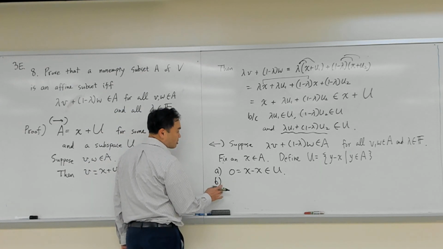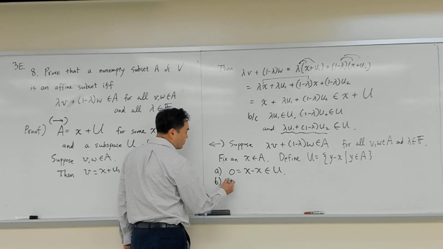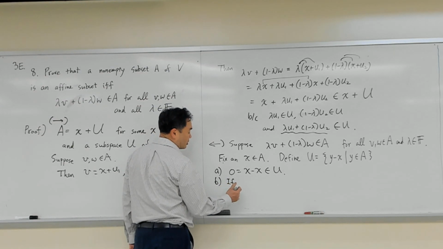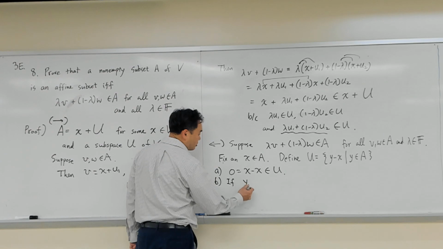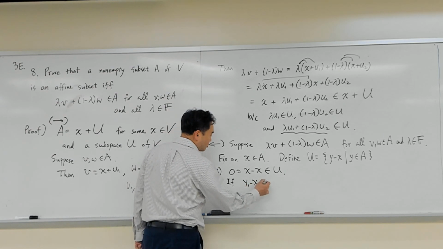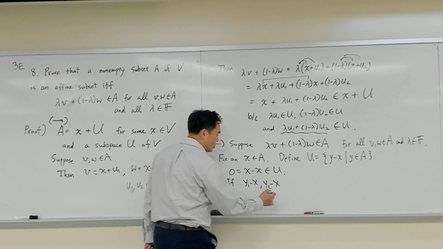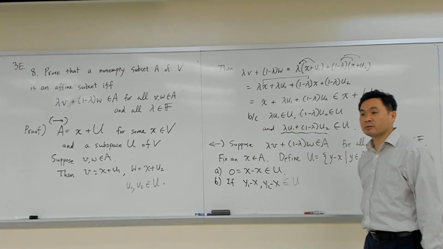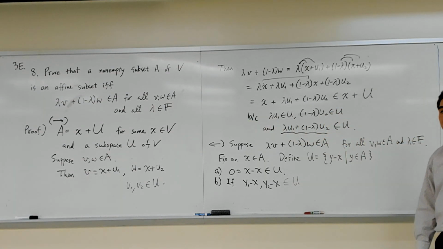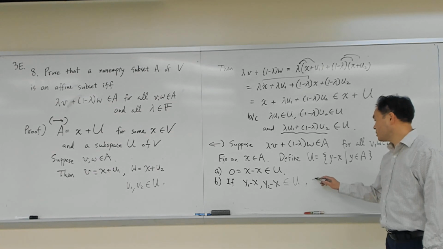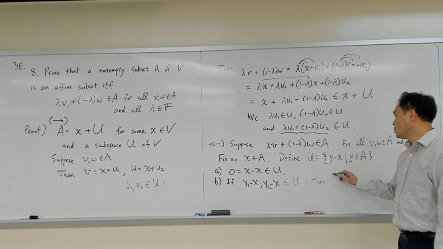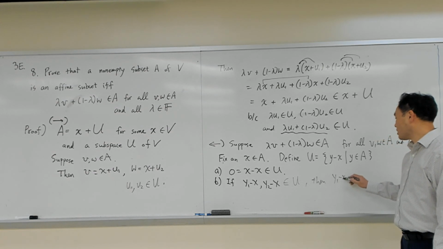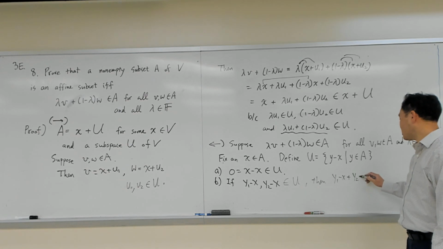So let's do addition first. If y1 minus x and y2 minus x are in U, okay, then y1 minus x plus y2 minus x.